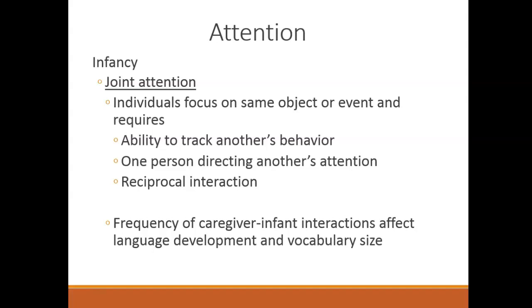And there's often a reciprocal interaction. The thing that you might be getting them to focus on is you. So like, oh look, here's this puppet, isn't that cute? And they laugh and you laugh, and so there's this interaction between the two of you. The frequency of these caregiver-infant interactions greatly affects language development and vocabulary size.